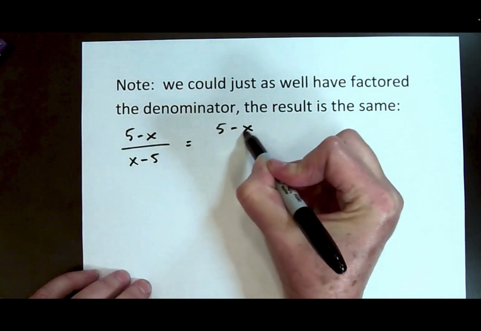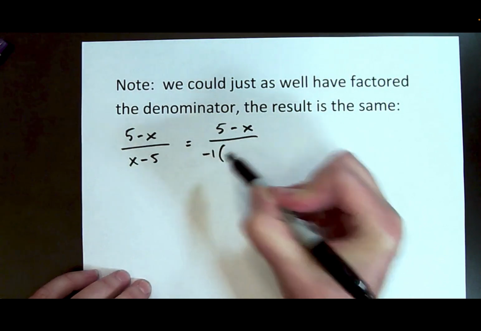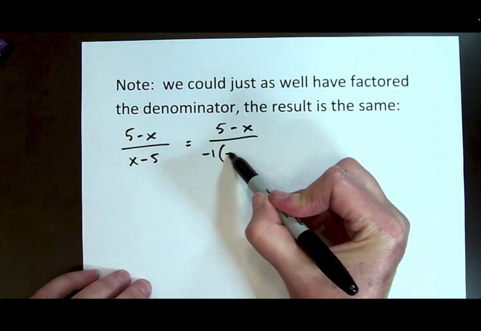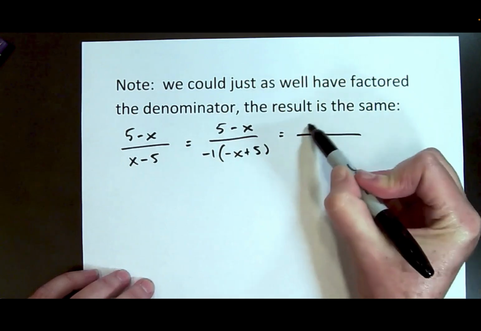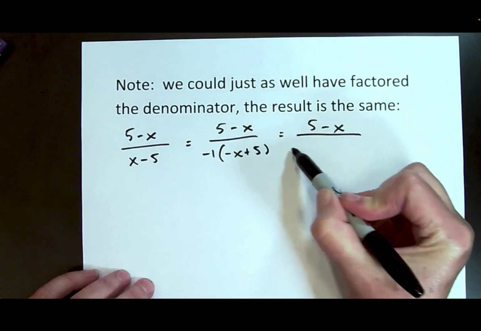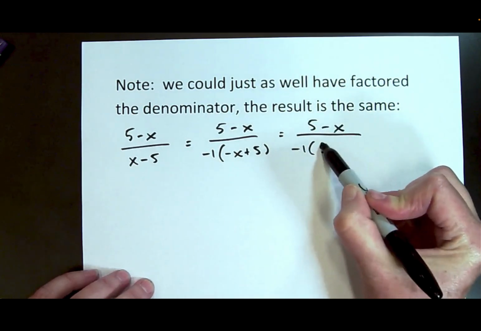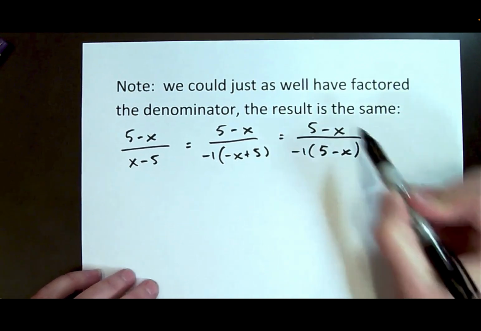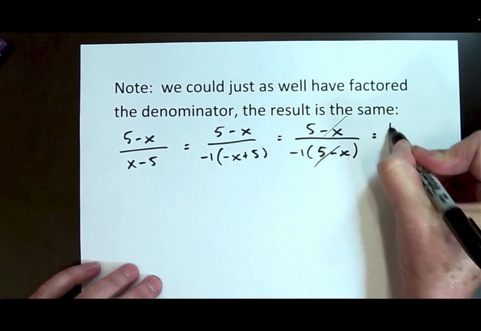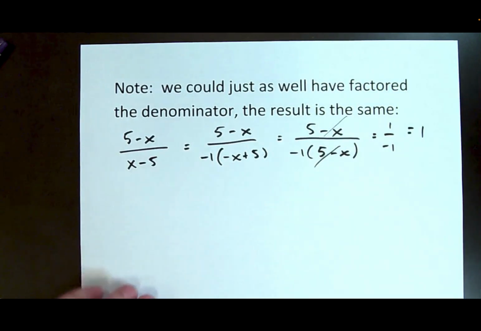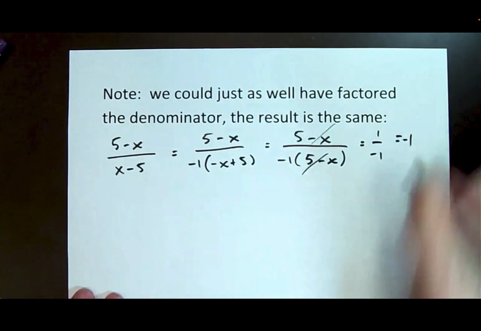What we would have done in that case, so I factor a negative 1 out in the denominator, I have negative x plus 5. And negative x plus 5 is the same thing as plus 5 minus x. So I cancel the 5 minus x's. I get 1 over negative 1, which is negative 1. So you still get the same thing.